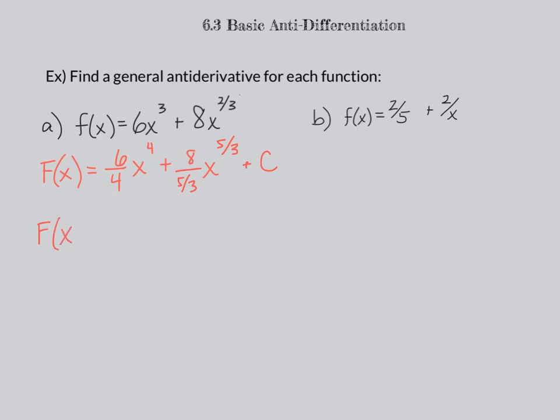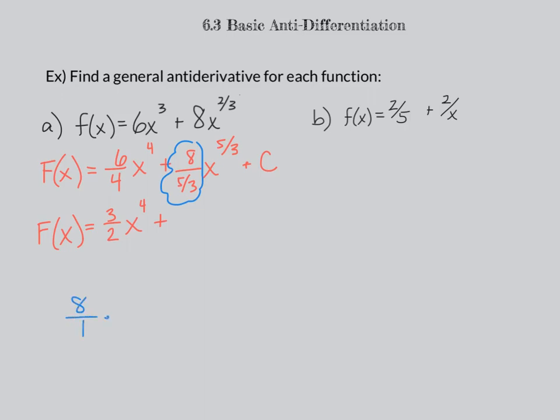All right. So our big f of x, simplifying 6/4 will give us 3/2 x to the 4th. Great. Plus, all right, I'm going to do this in a different color so you can just see what I'm doing here. So I'm going to take this and just work on it down here. Now I'm dividing by 5/3. What does dividing by a fraction mean?